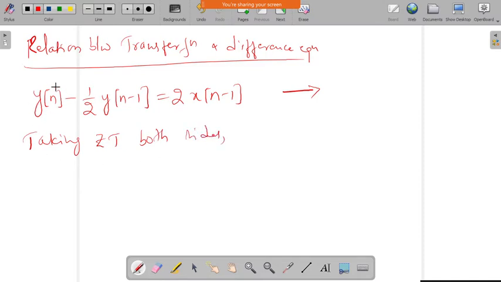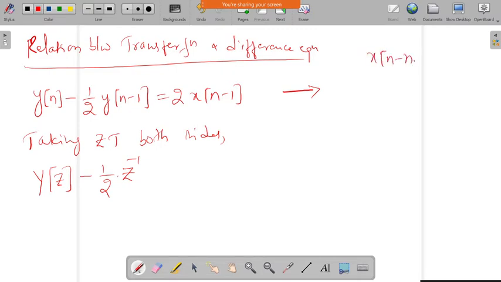So now what will we get? If you take the z transform for y of n, we are going to get y of z minus half into, now you can see it is a shifting property, you can use that. If we have x of n minus n naught, it is z power minus n naught into x of z, that we know already.